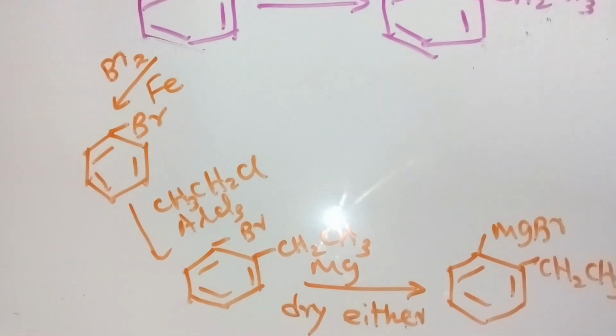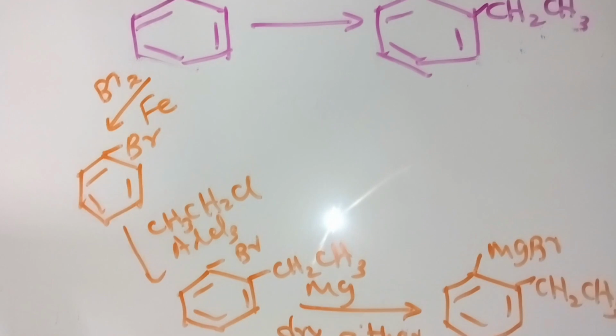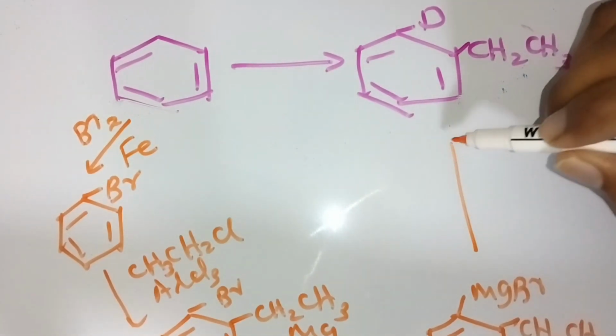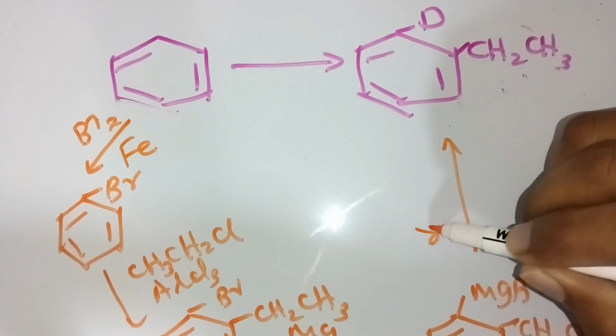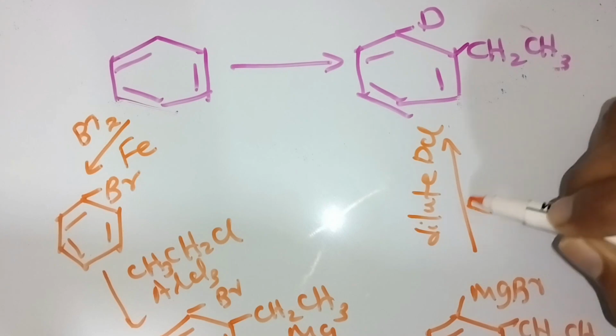In my final step I want to convert this MgBr Grignard group into deuterium. For that purpose I can use DCl, dilute DCl in D2O.